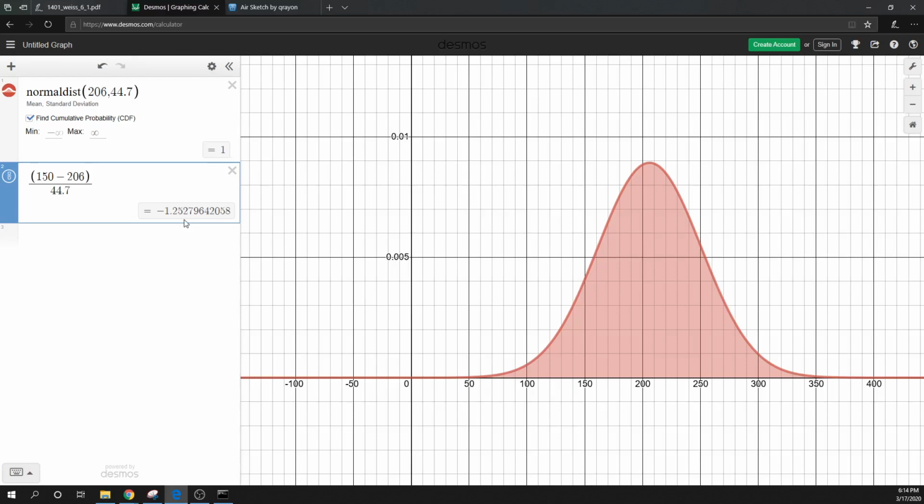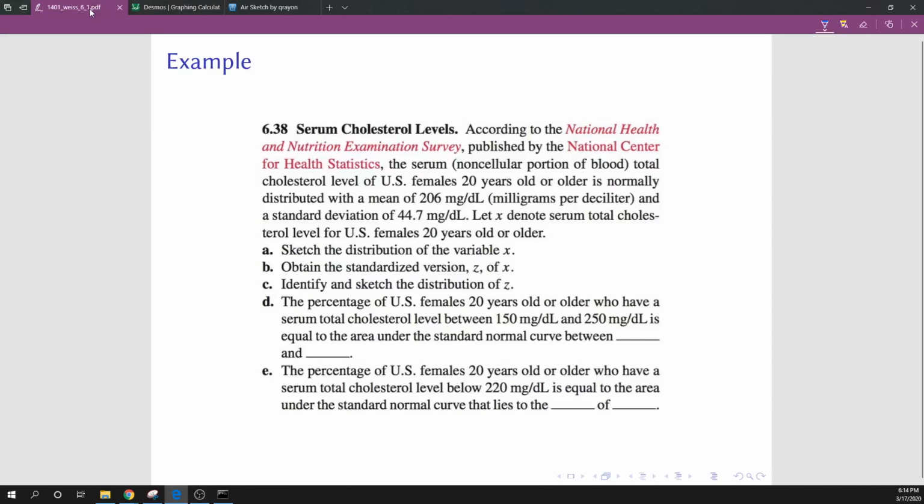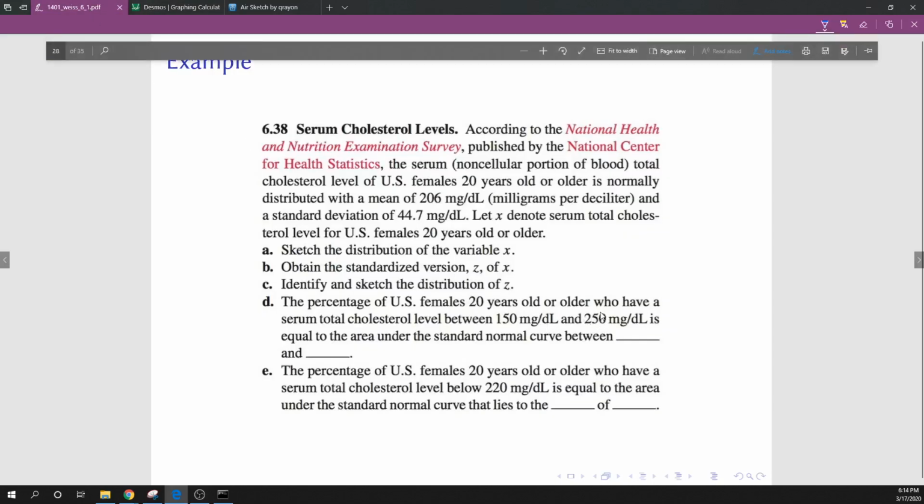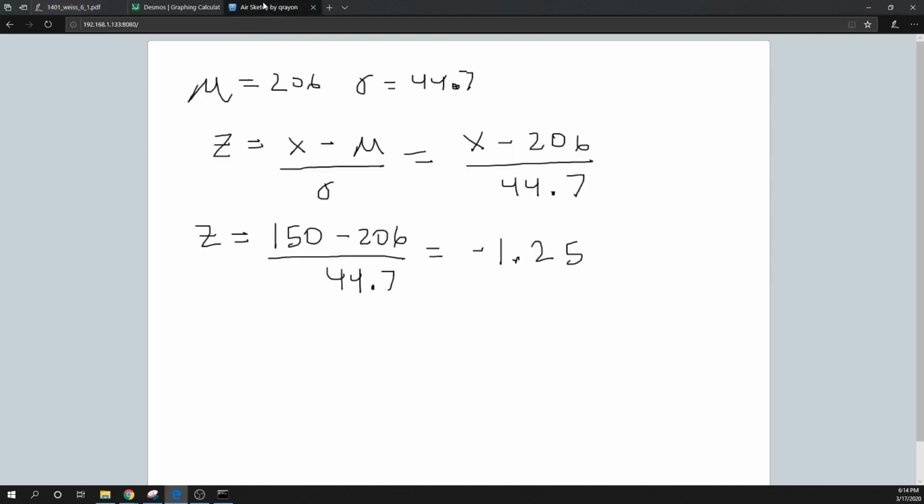Next up is they want us to find the z-score for 250. Again, just plug that into our formula. So that will be 250 minus 206 divided by 44.7. Let me calculate that out.